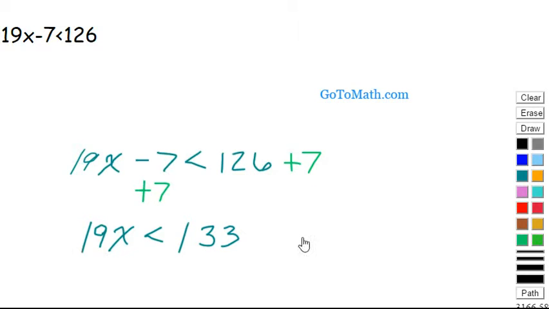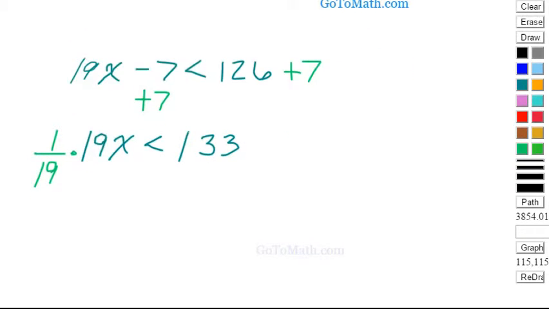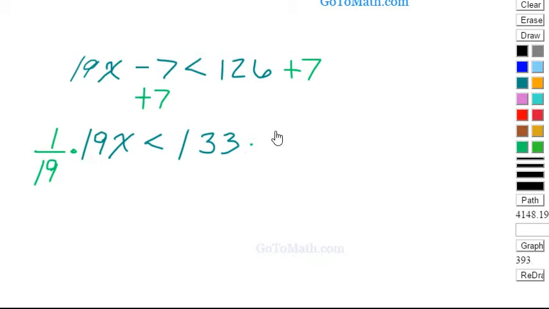And now we multiply by 1 over 19 to both sides. The reciprocal, because we want to get a 1 here for the coefficient of x. Right? 1 over 19. And so now we're left with x, no need in putting a 1 there.